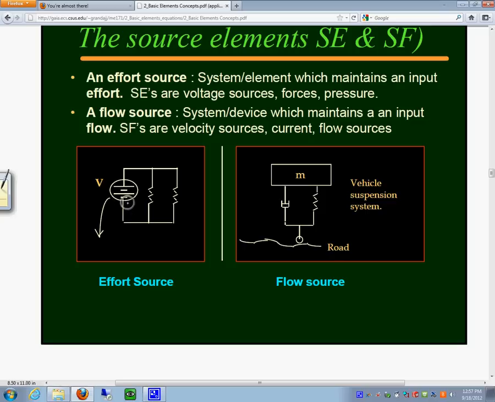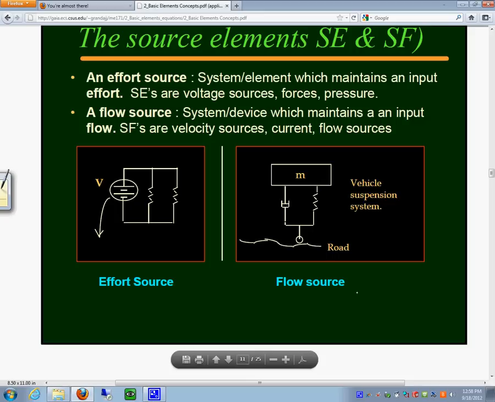The input is going to be the battery or source, and then the output would be a current over here. So that's that one. But the suspension system is an interesting case because it's tricky to understand.